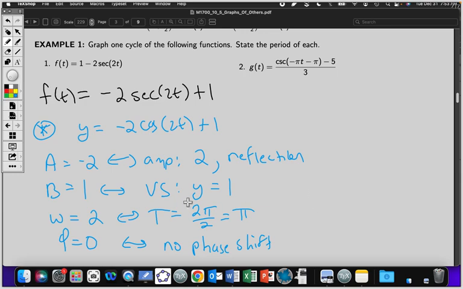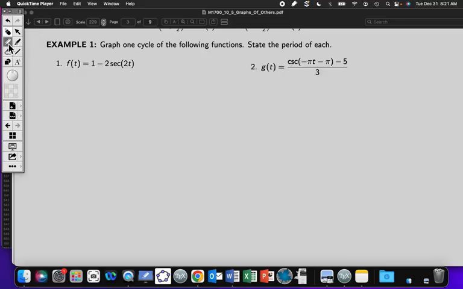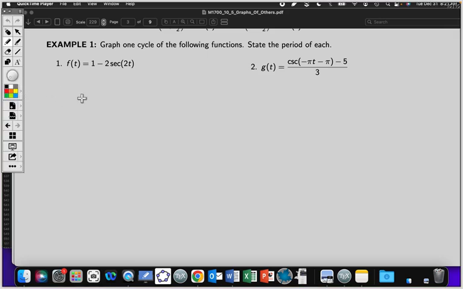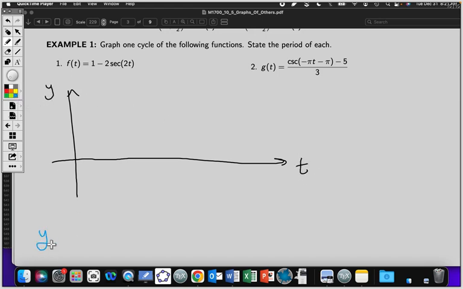Okay, so let's go ahead and graph this cosine curve. Let's see how we can use the graph of the cosine curve to graph the secant curve. So we want to graph negative 2 cosine of 2t plus 1. Our phase shift is 0, our period is pi.